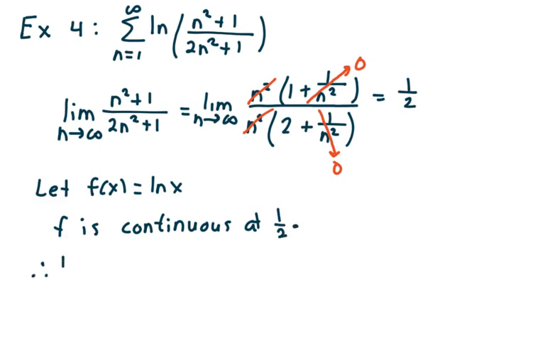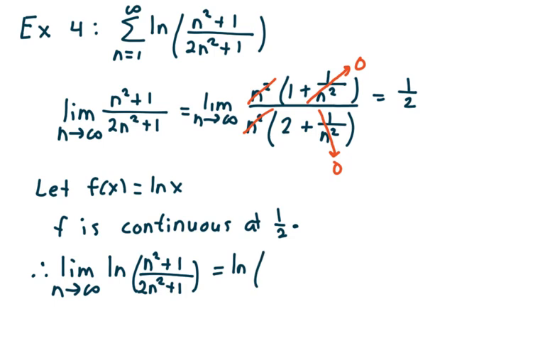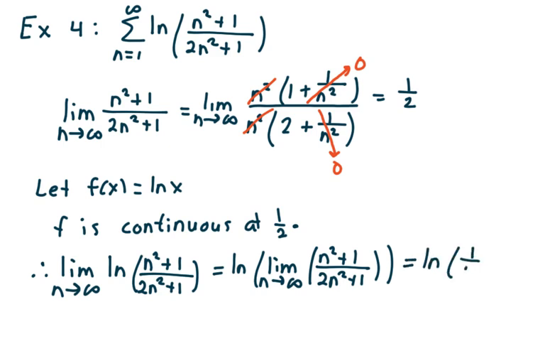Therefore, the limit as n goes to infinity of natural log of (n squared plus 1) divided by (2n squared plus 1) is natural log of the limit as n goes to infinity of (n squared plus 1) divided by (2n squared plus 1). Now remember, as n gets big, that is going to 1/2. And so this is natural log of 1/2.